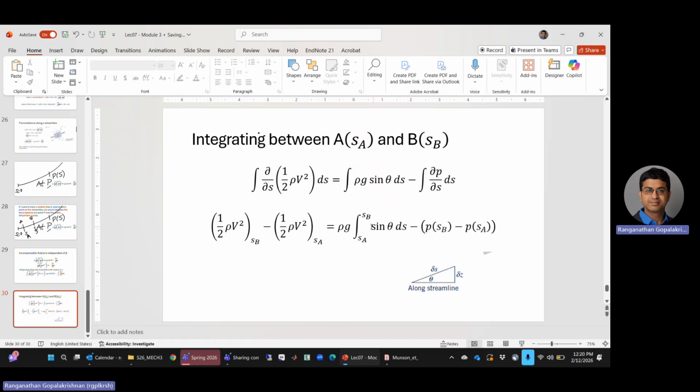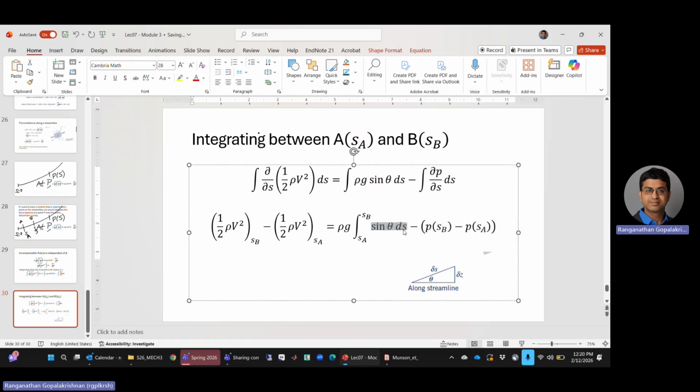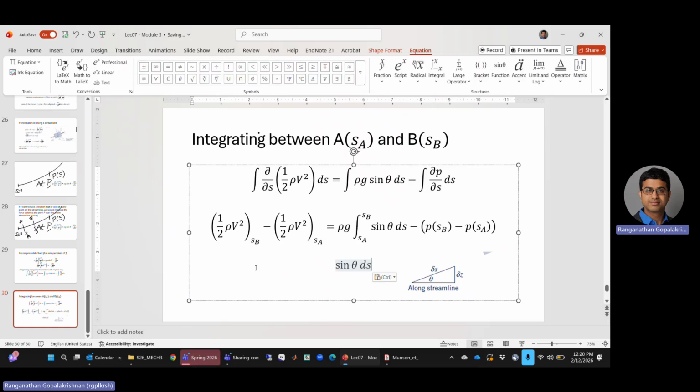Okay. So I'm going to write sine theta ds. Sine theta ds is nothing but dz. Can I write that? Like a finite small distance, I'm turning that into a differential, ds and dz. So I can replace the integration variable.